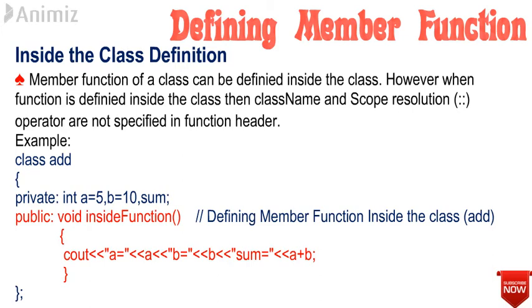A member function which holds the property of the function, what exactly a function has to do within the class, can be defined as cout a equal to value of a, b equal to value of b, and sum of a plus b is nothing but a plus b operator.